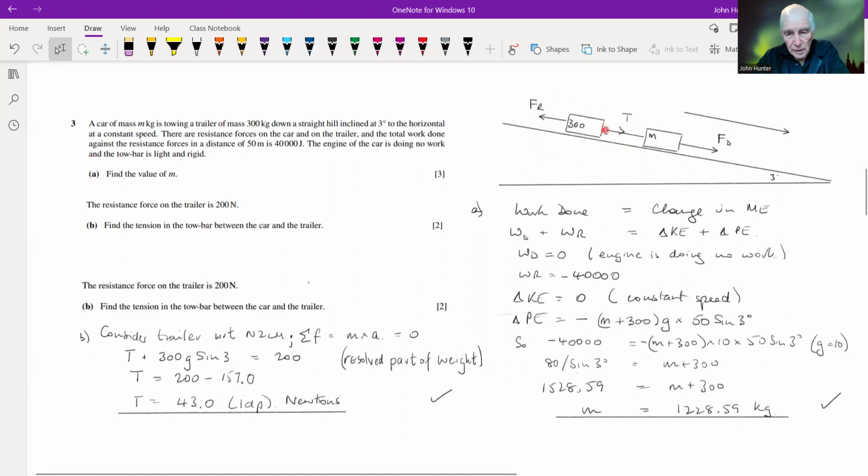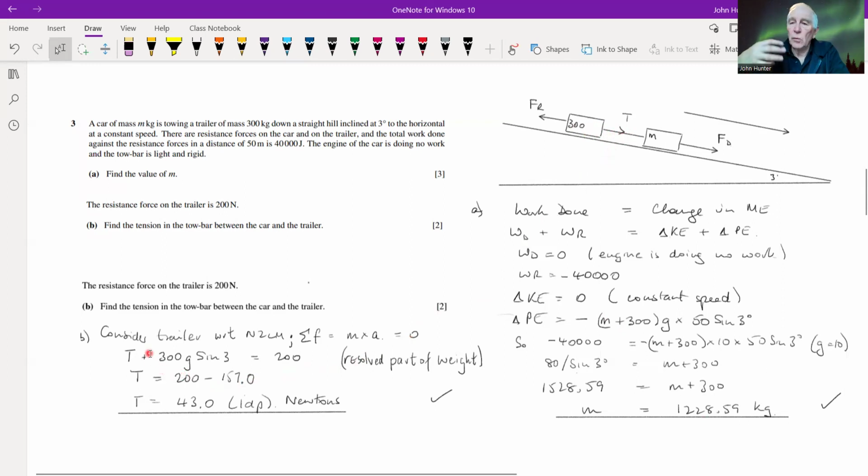We've got the tension pulling it down, and a resistance force pulling it back. The other thing is we've got the resolved part of the weight coming down the slope as well. Not drawing it in, but that's what's coming down there.